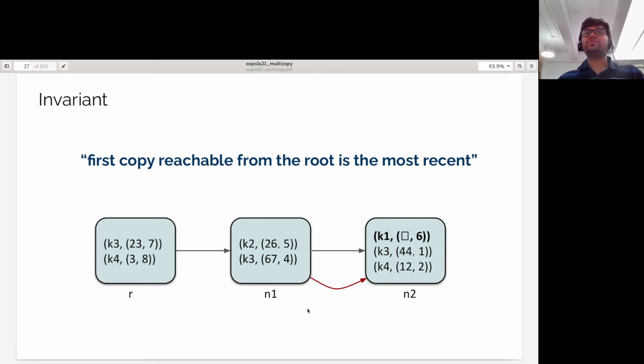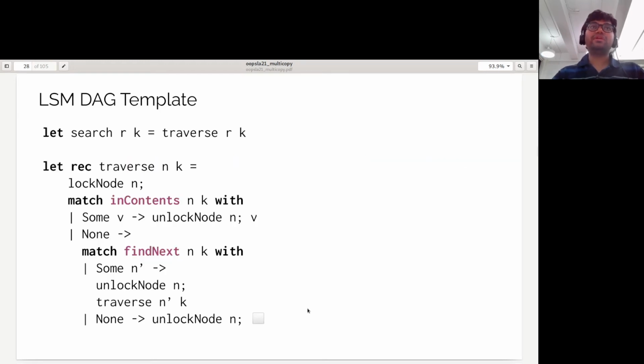Now if you look at the implementations in practice, and if we ignore the aspect about the inner structure and the outer structure, about how the nodes are implemented and whether it's a DAG or a tree, those implementations also follow the same high level algorithms. So to take advantage of that, we introduce what we call a template algorithm.